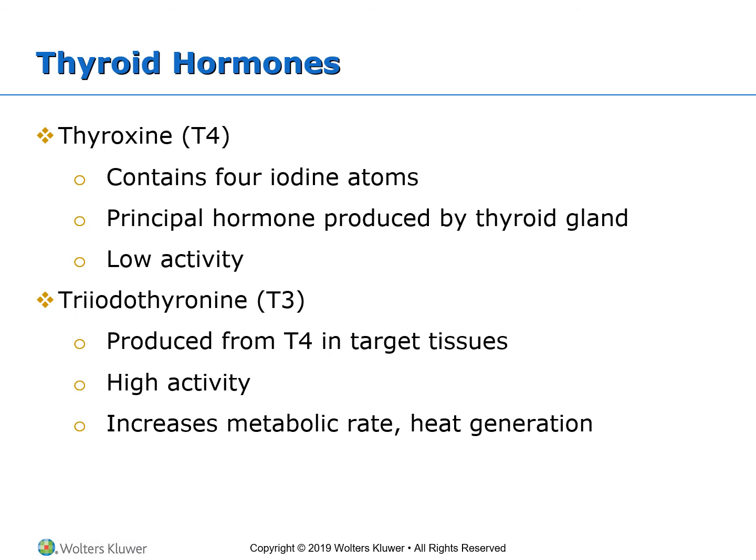We have another one that is produced in small amounts by the thyroid, called T3 because it contains only 3 iodine atoms, and it's called triiodothyronine. This one has a high activity, and whenever it's in high amounts, it will increase the metabolic rate, increase the heat generation, and as a result of that, the wasting of the body.